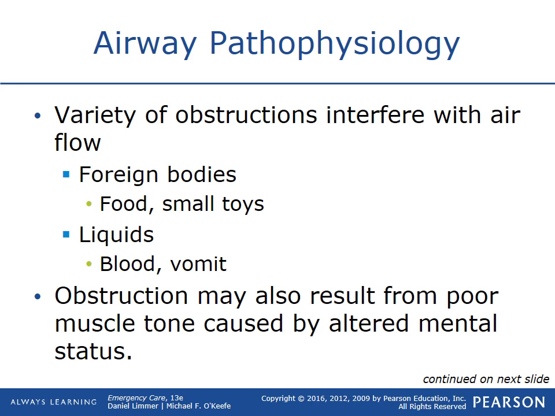You need to relieve that obstruction, because if they don't get oxygen in and out, then they're going to die. Liquids, blood, and vomit can also obstruct the airway. Suctioning would help that. An obstruction may also result from poor muscle tone caused by altered mental status. The number one structure that blocks the airway is the tongue.